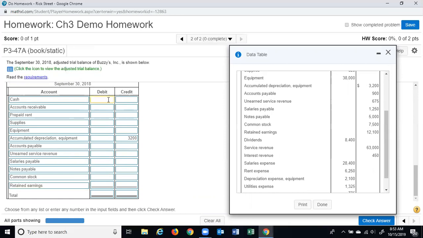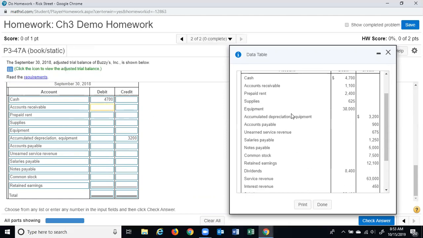Okay, let's put in our balances. So we've got cash, 4,700. Accounts receivable, 1,100. Prepaid rent, 2,400. Supplies is 625. Equipment is 38,000. We've already put in our accumulated depreciation. So now accounts payable, make sure you put it on the correct side.